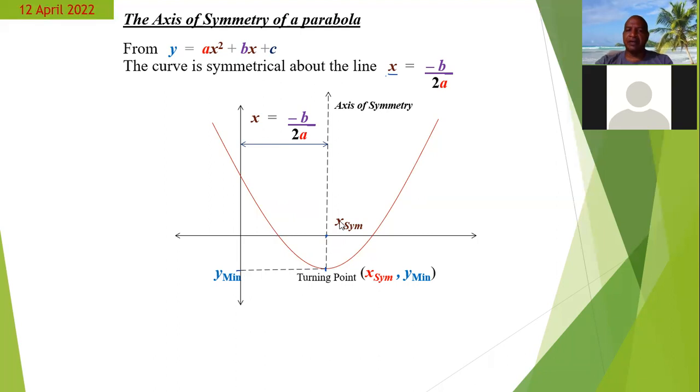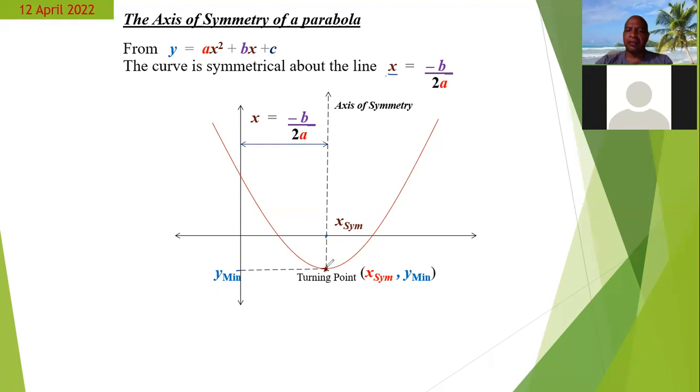Now, the x value and this y value at the bottom of the curve, we put those two values together as a coordinate. So the x value of symmetry and the y value of minimum would occur right at the center, where the axis of symmetry line is. It will occur right here.